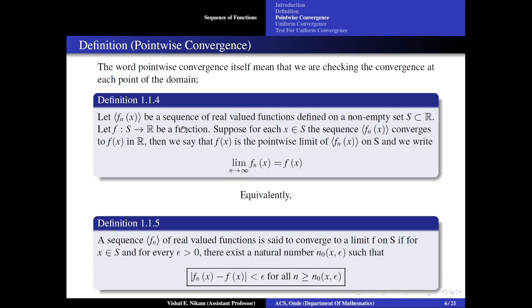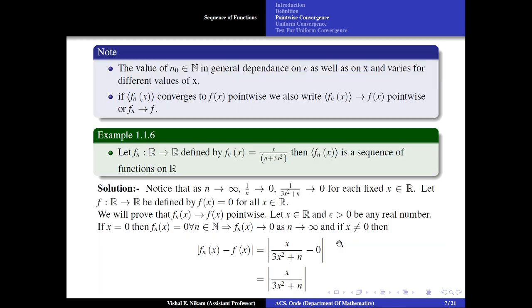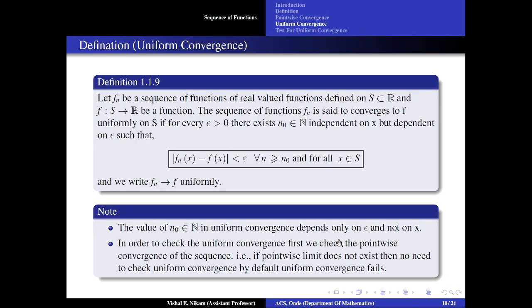Here is the epsilon delta definition: the modulus of fn of x minus f of x is less than epsilon for all n greater than or equal to n naught, and n naught depends on both x and epsilon. This is the basic difference. Here n naught depends on both x and epsilon, but in the uniform convergence, n naught is independent of x but depends on epsilon.